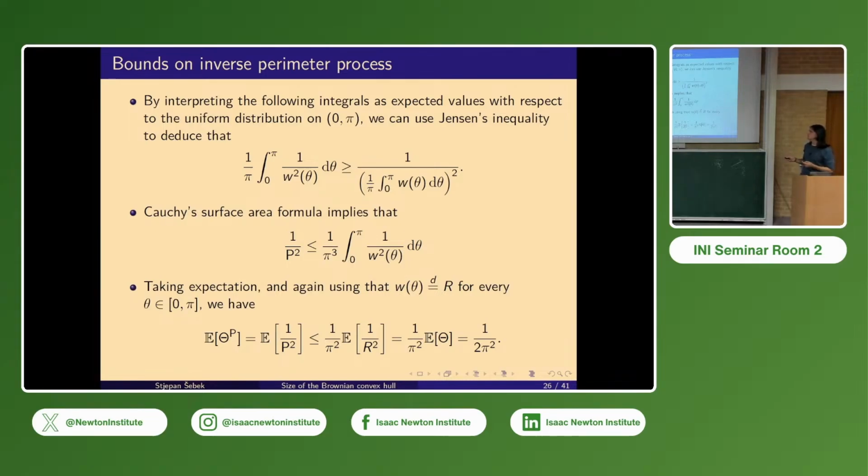So we use the same trick as the one you already saw when we were computing the expected value of the perimeter, and we end up with this thing here. Then we use the relation between the range and inverse range processes, which is the same relation as we had for perimeter, diameter, and those other functionals, and we end up with this upper bound of 1 over 2 pi squared.